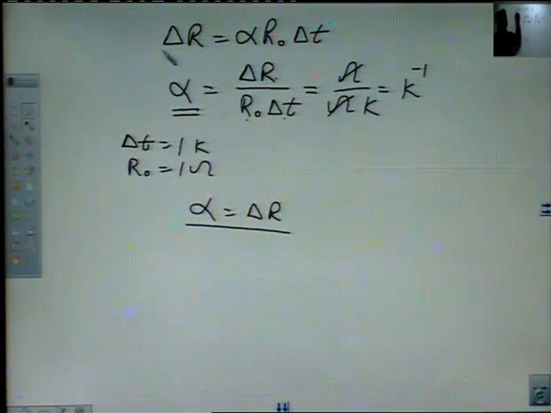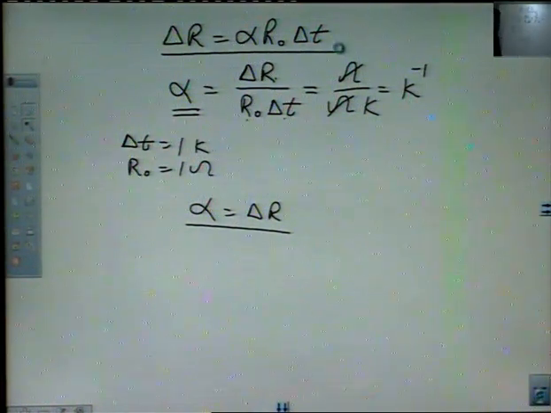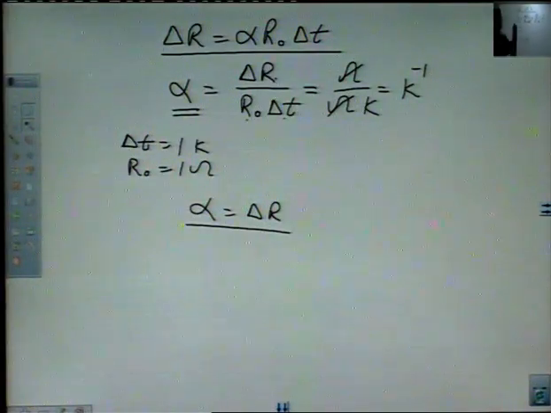And from this equation you can find out what will be the new resistance of the conductor at changed temperature. So, delta R is R minus R naught.